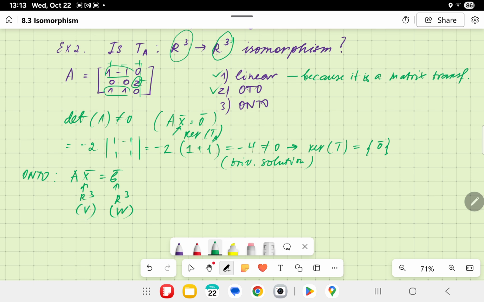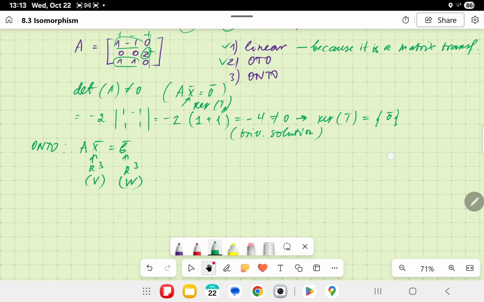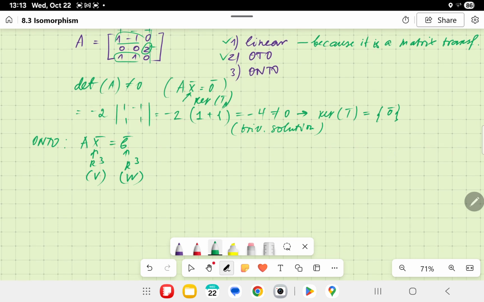So our goal is to show that for any vector here from the 3-dimensional space, we can find the vector which is producing it. Basically, guys, it's going to mean that you can solve a linear system, non-homogeneous, for every right side vector. It has a solution. How do we know that?